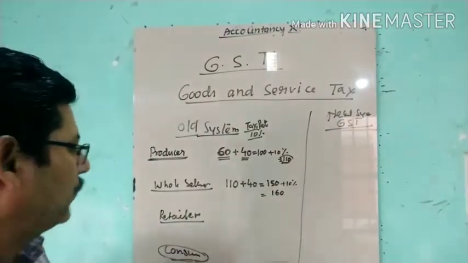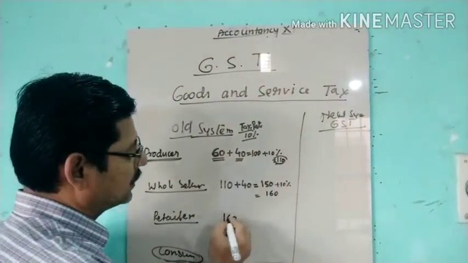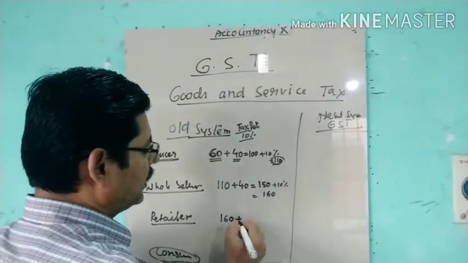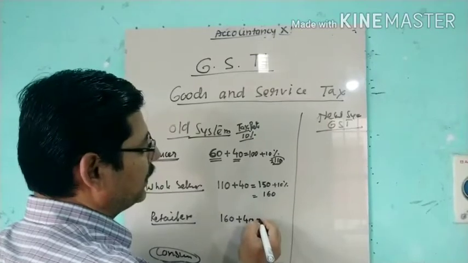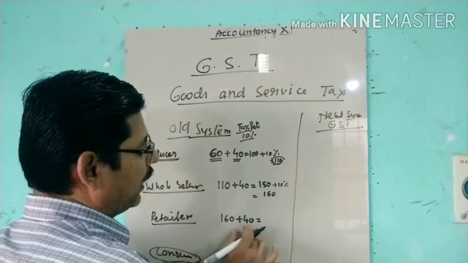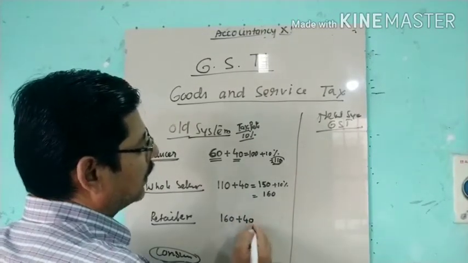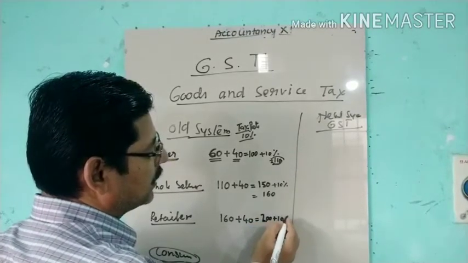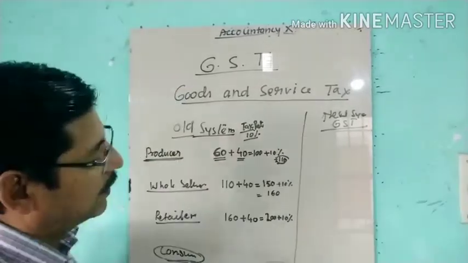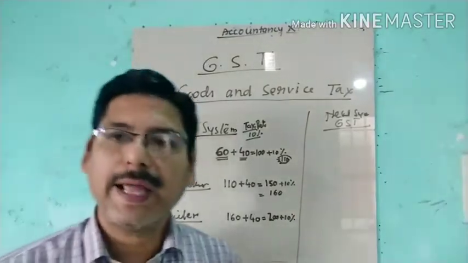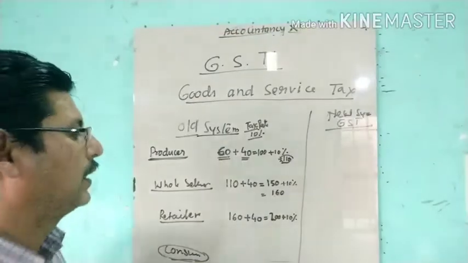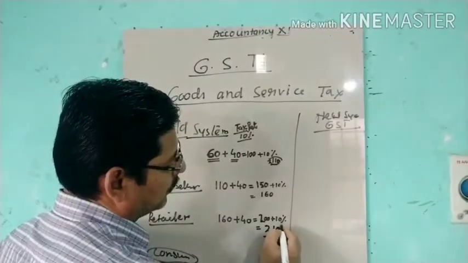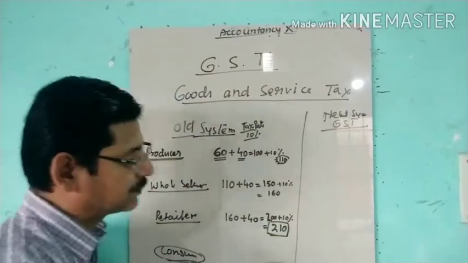Now the goods come to the retailer. He again wants to charge 40 rupees profit, making 200 rupees, and then 10% tax, so the final consumer used to get it at 210.